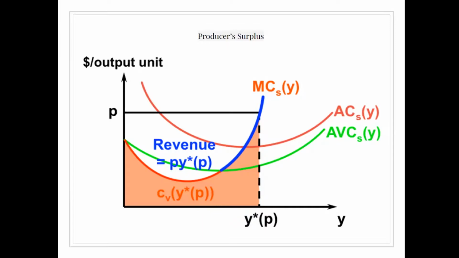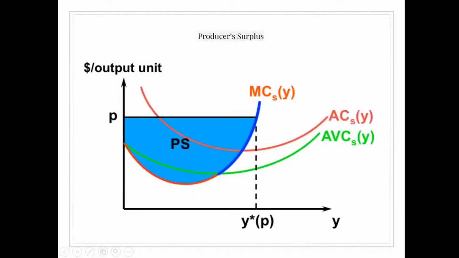So this translates to the producer surplus being the area under the market price but above your marginal cost of production, or in other words, the area above the supply curve and below the price. These are the profits, the difference between the revenues and the costs that are positive.